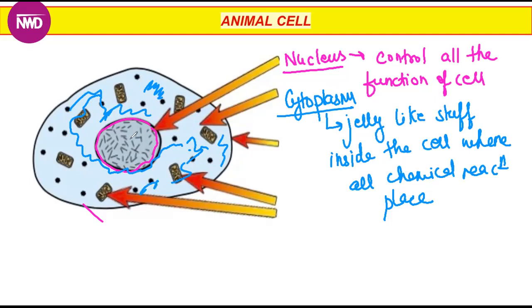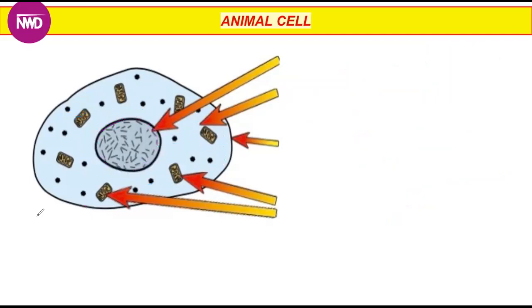Now we will see what is next in this animal cell. Can you see here, students, the outer membrane of the cell, which is holding this jelly-like stuff so that it does not spread out? Moreover, it is maintaining the structure of the cell. Do you know what this is called?